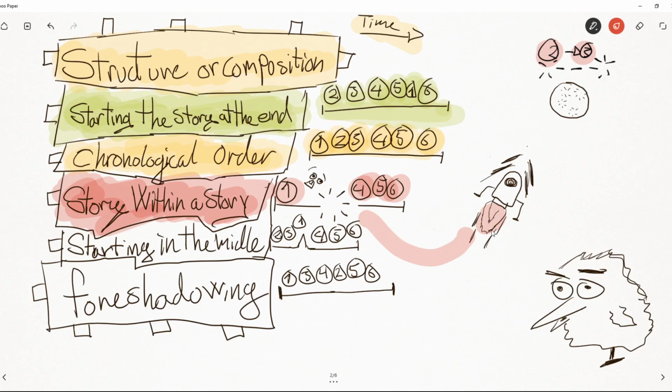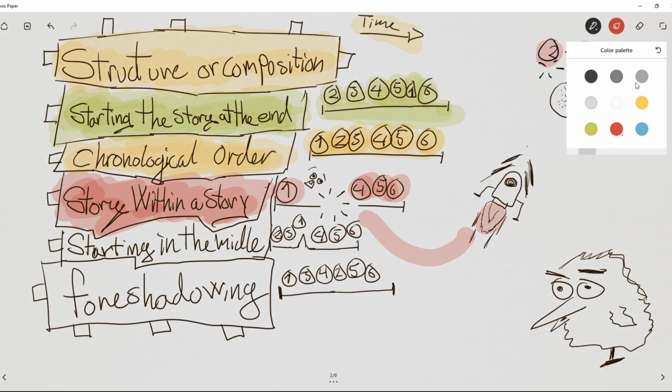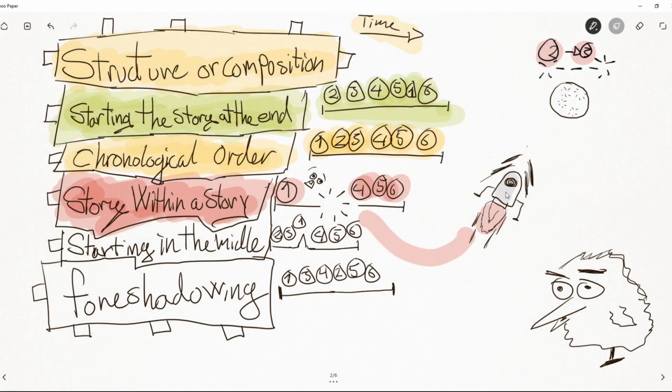So usually the story within a story serves mostly as a metaphor for what a story is truly about. So kind of like the movie Inception. This uses an extreme version of this.